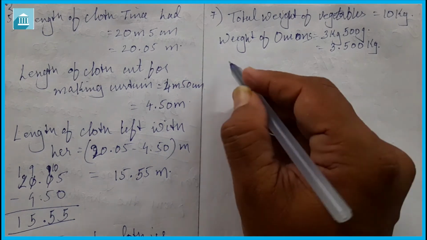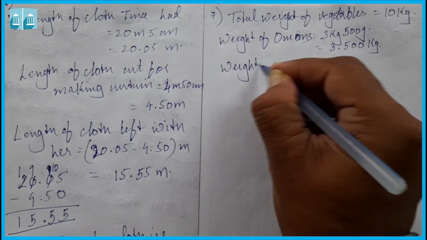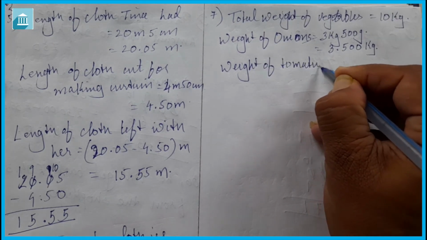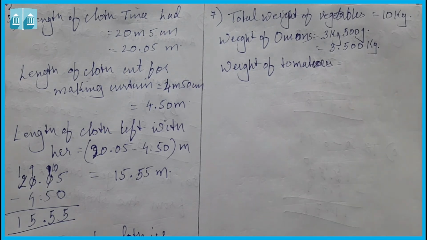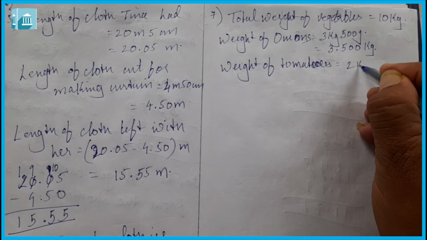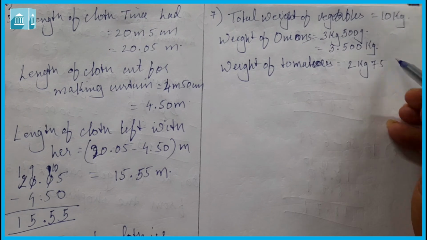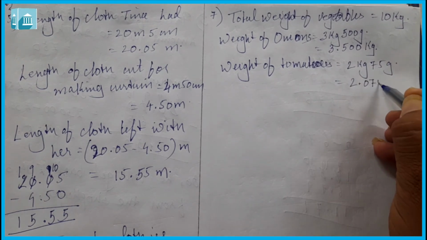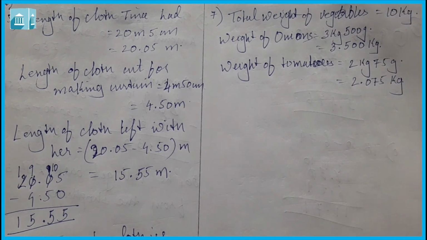Then weight of tomatoes is equal to 2 kg 75 gram, which is equal to 2.075 kg. 75 gram means 0.075 kg, so it is 2.075 kg.